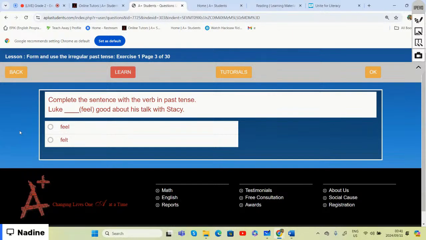The past tense of the word feel. Is it feel or is it felt?